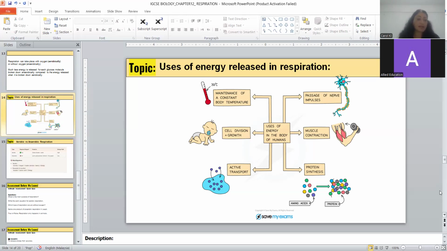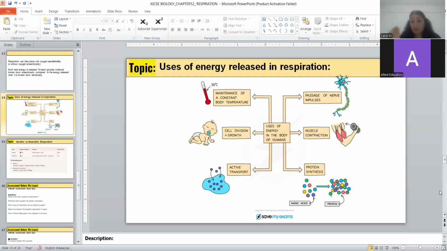So it's muscle contraction, protein synthesis. You know protein synthesis, because you need proteins to make everything in your body. Most of the things, I cannot say everything, but even the molecules or the cell organelles are being made by proteins. So we need that protein. Cell division happens because it needs energy.